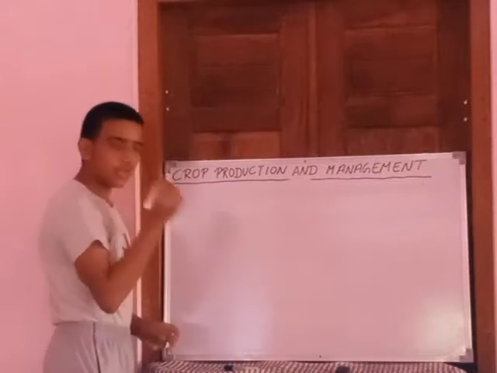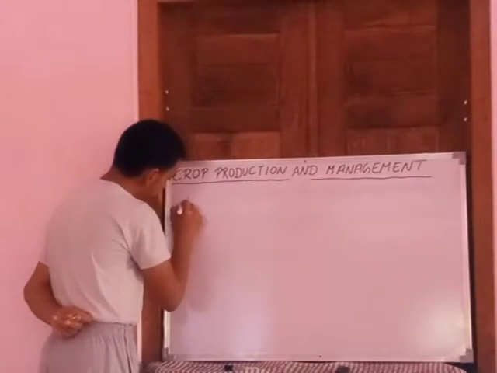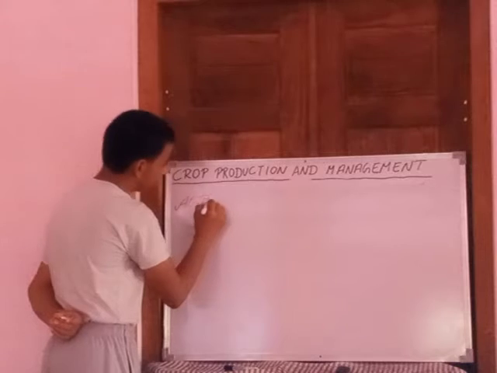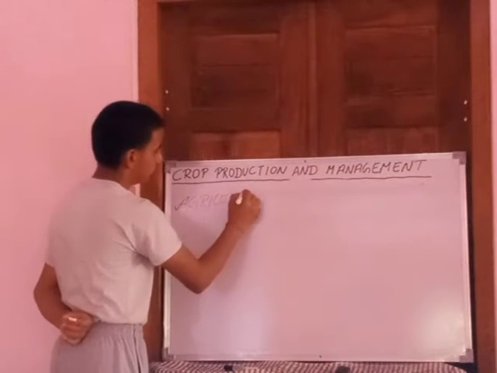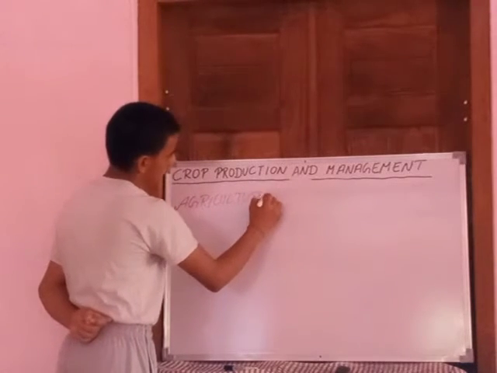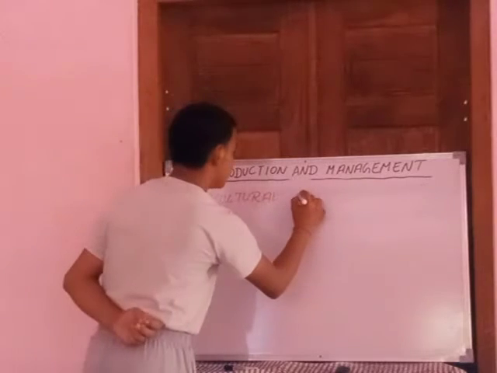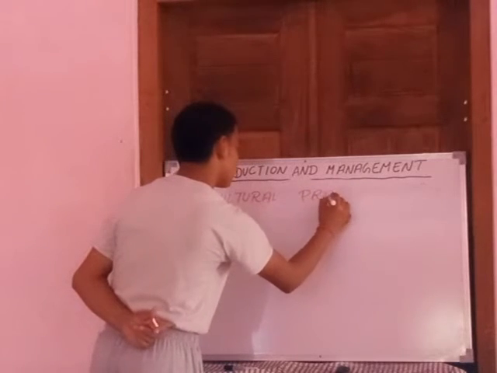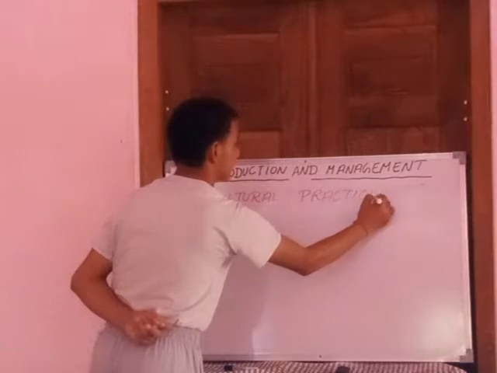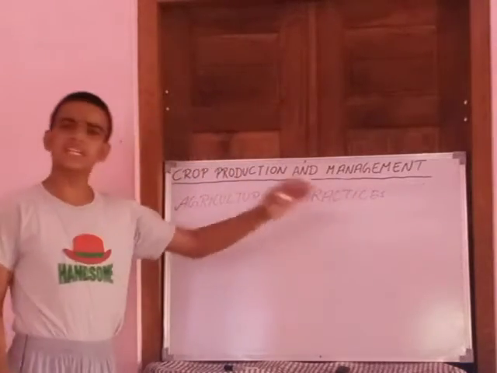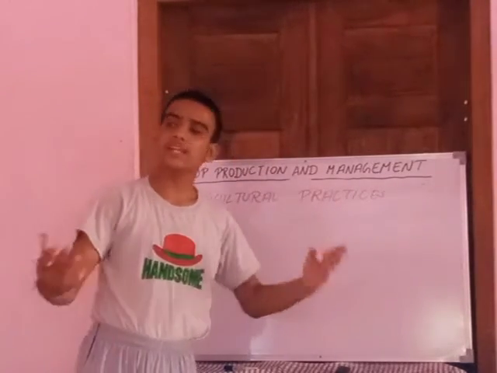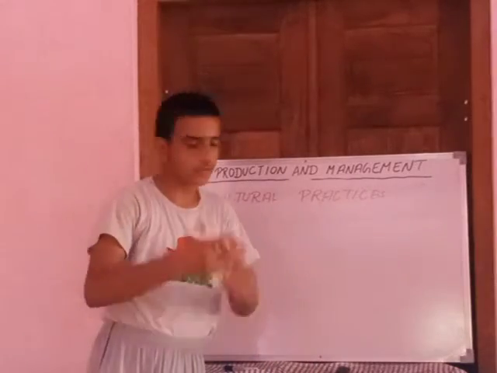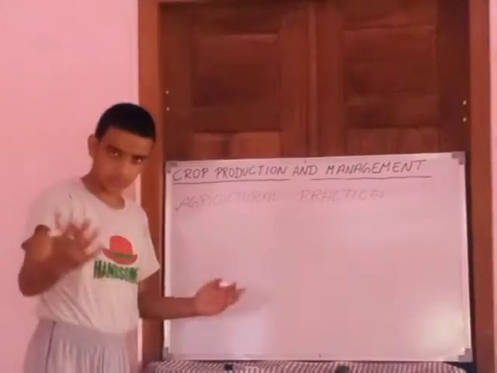Now let's discuss agricultural practices. Agricultural practices means the tasks or activities undertaken by farmers over a period of time to grow their crop.